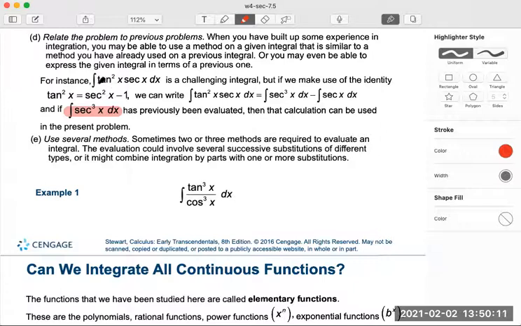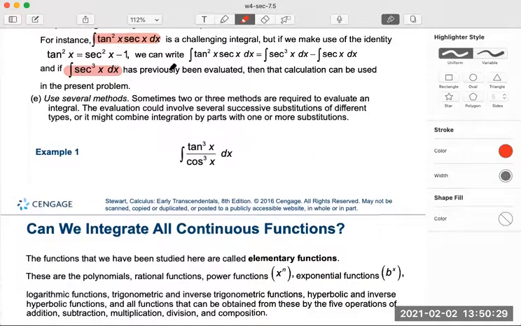Or if we face this guy, then review section 7.2, right? And see how you can do substitution using trig functions. Okay, that is a general idea of the whole chapter. There's nothing new.